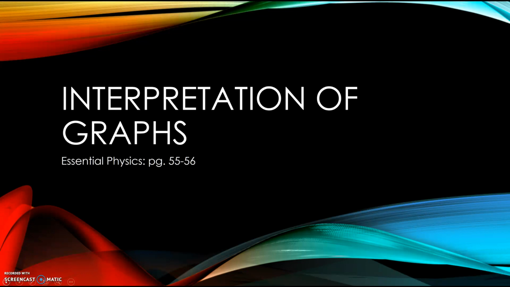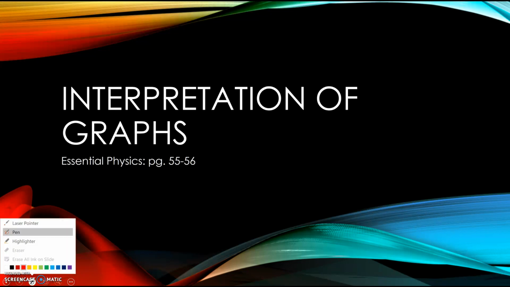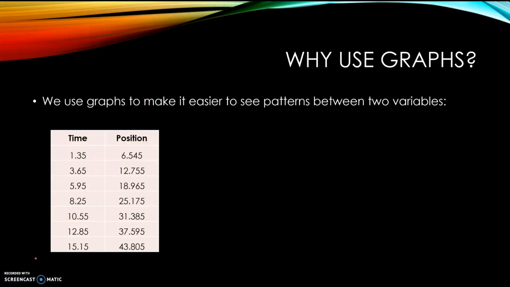and then show you how we can get relationships between variables, which is kind of the main use of graphs that we'll have this year. So when we think about why it is that we use graphs, say we had a bunch of data of time versus position, and we put it in a table, and it's nice and organized.